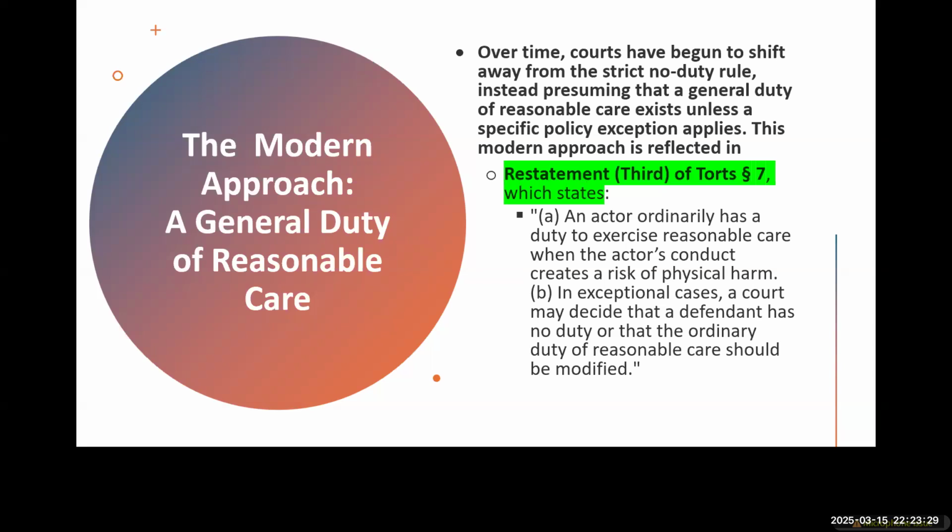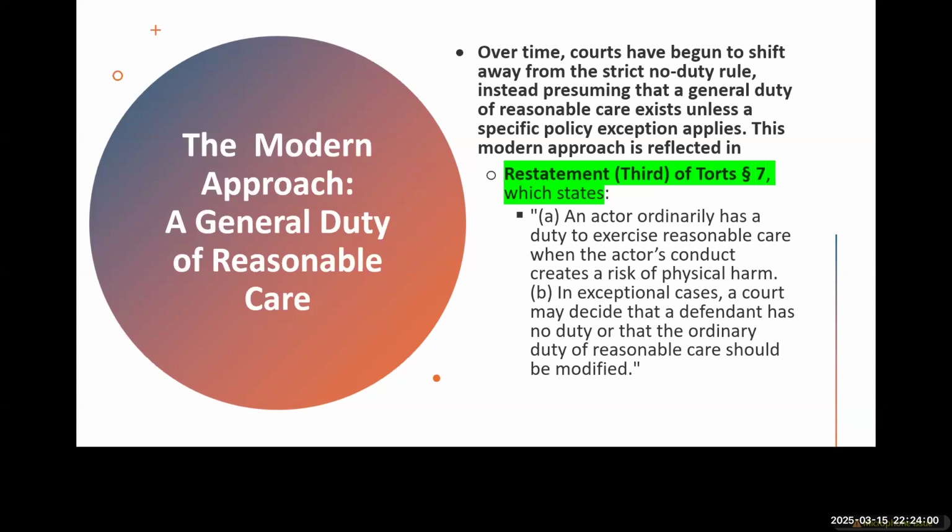In exceptional cases, a court may decide that a defendant has no duty or that the ordinary duty of reasonable care should be modified. But as a general rule, in the modern approach, Restatement Third of Torts 7, an actor ordinarily has a duty to exercise reasonable care when the actor's conduct creates a risk of physical harm.